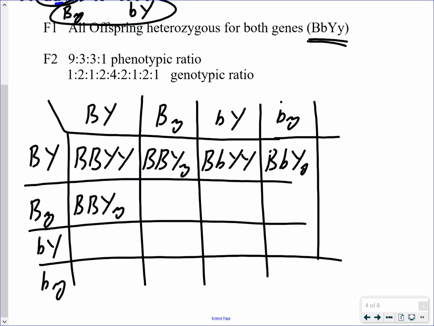So starting with the big, and then the big little, the little big, and the little. It's just a little bit easier to organize it at the end and pick out from the different genotypes what the phenotypes are going to be. And we'll see that in a minute.